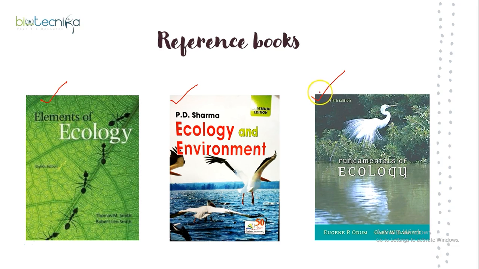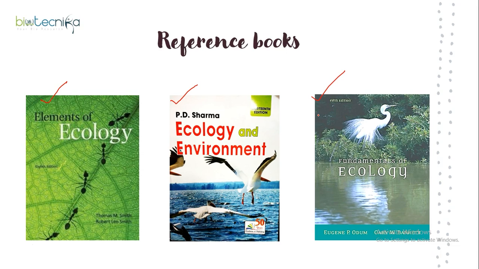So those who want to study ecology in great detail, understand how it is derived, can definitely go through Odum, because there is no other book better than Odum in that case. But if you want a straightforward approach to the concepts, then Smith and Smith is the book that you need to refer to. So these are the standard reference books, I would say.